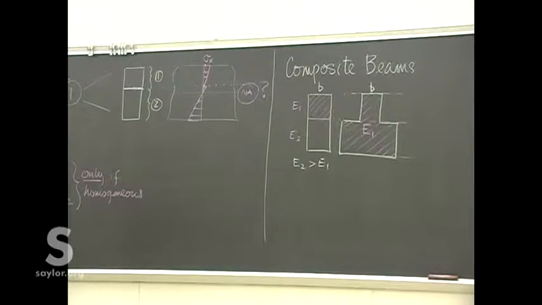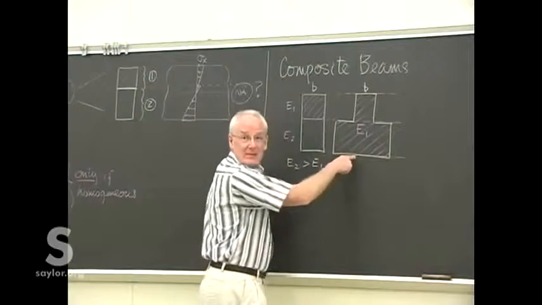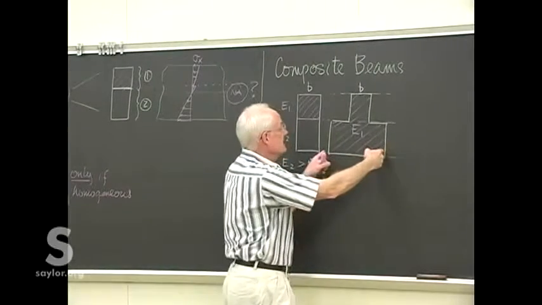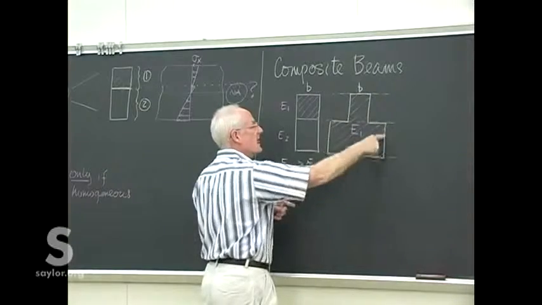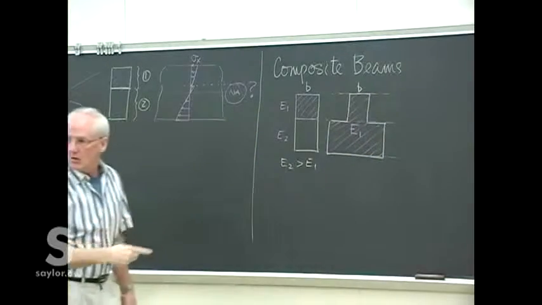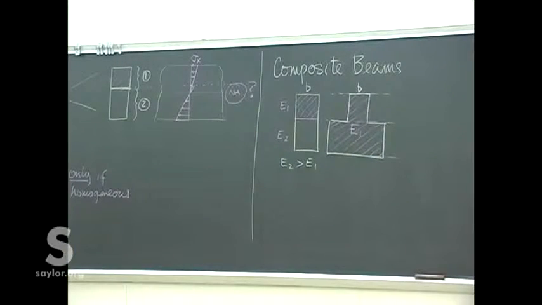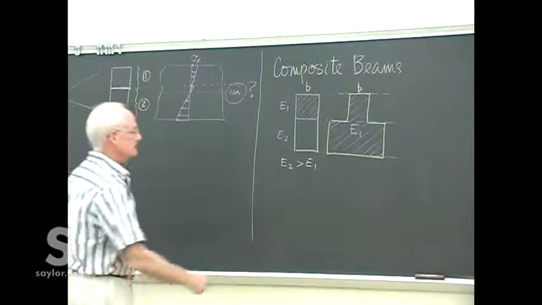Trouble is, how big do we make this? How much wider must this be than it was originally so that we have enough softer material in here now to replace the stiffer material we took out?